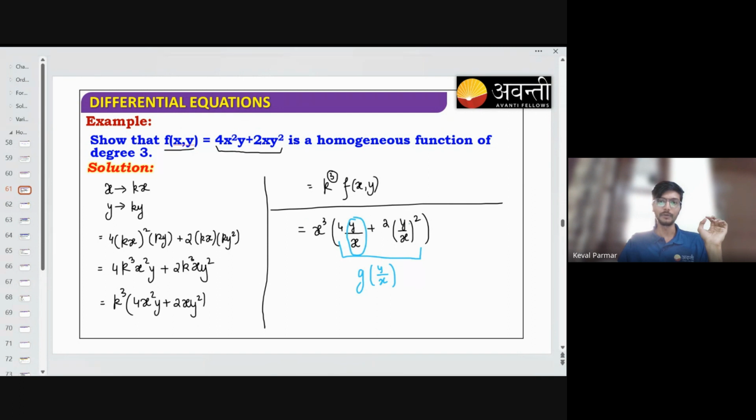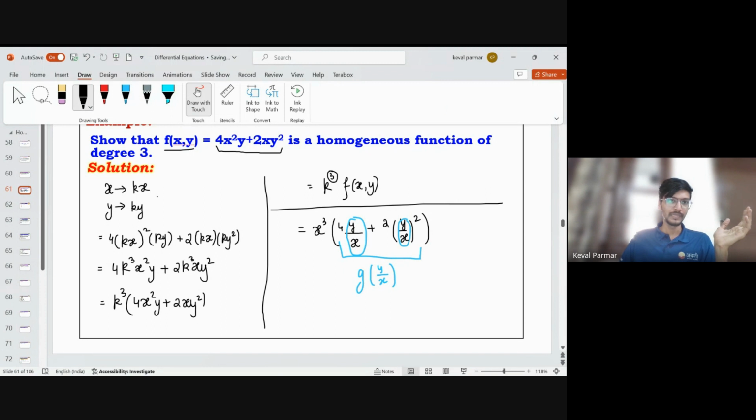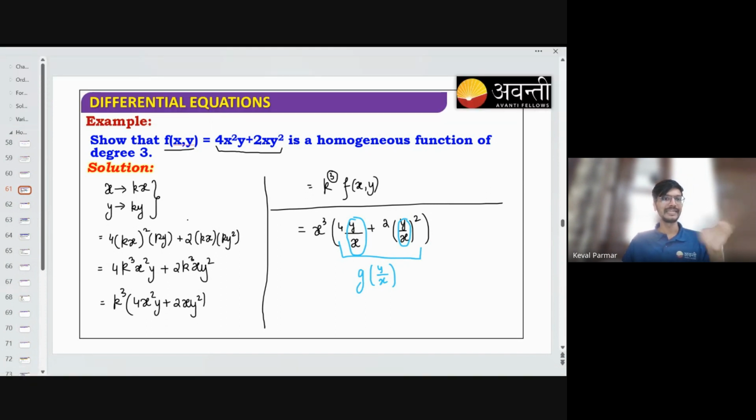It is the same thing, just a different way of saying. Instead, do this method, that is replace x by kx, y by ky, or just take x power common such that the remaining inside function is a function of y upon x.